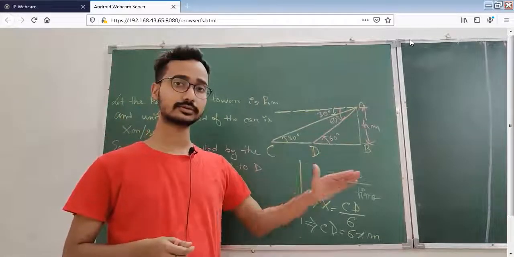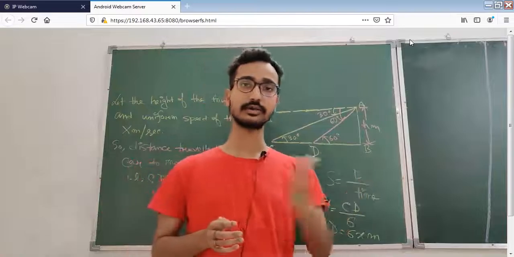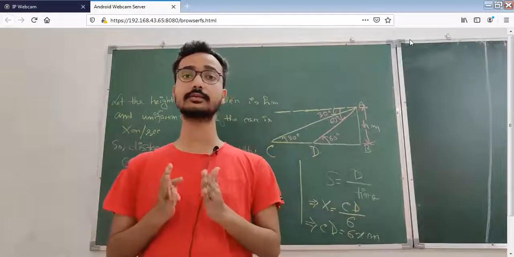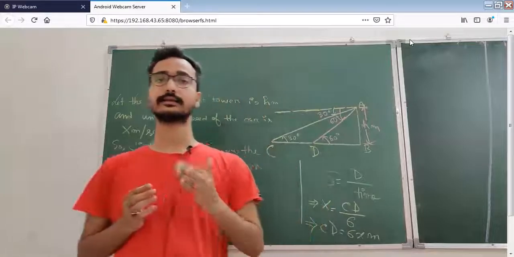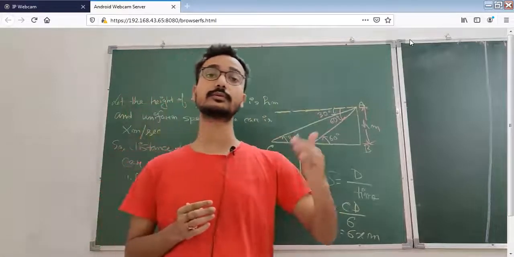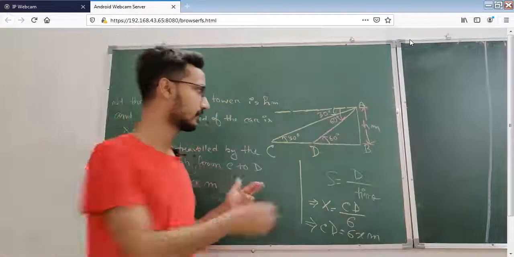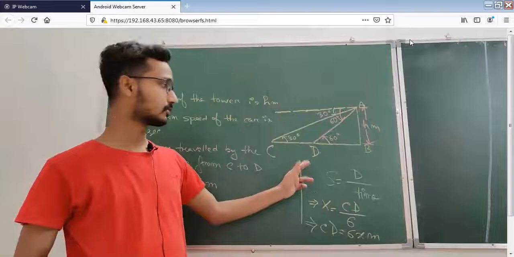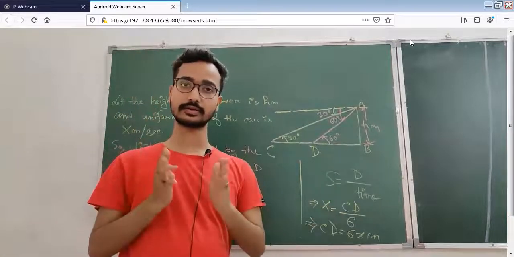It will remain constant. That means the speed will remain the same, x meter per second. So you have to find the time required for the car to move from point D to point B, and your speed will remain constant.